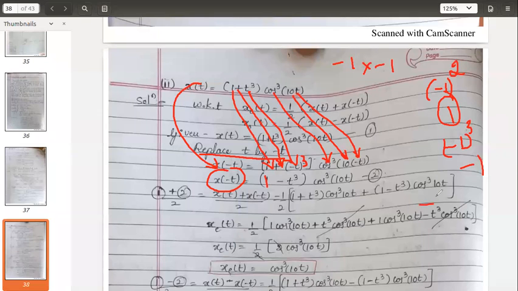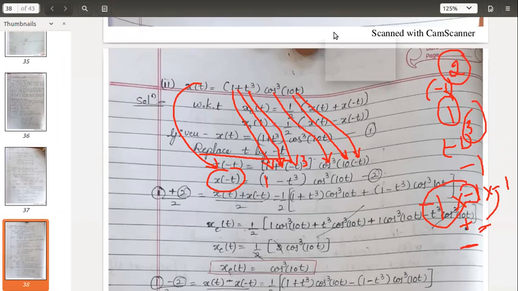Minus 1 cube means what? Minus 1 into minus 1 into minus 1. The first two give plus, then plus into minus you will get negative. So always, even power answer is positive, odd power answer is negative. So that's why you will get minus t cube because the power is odd.